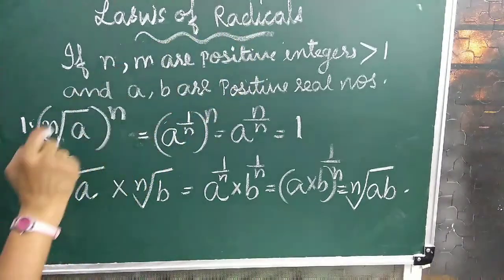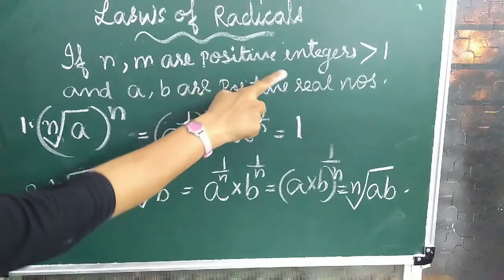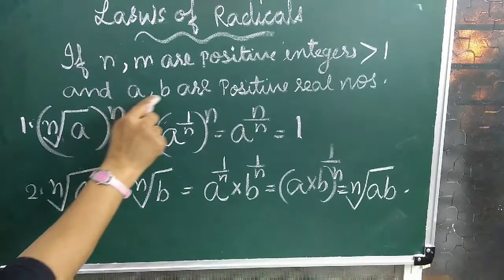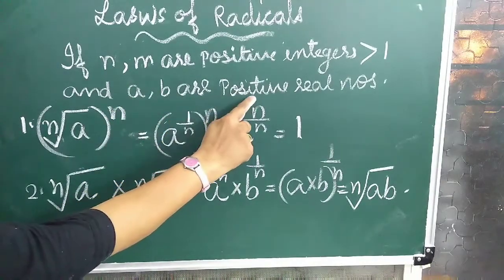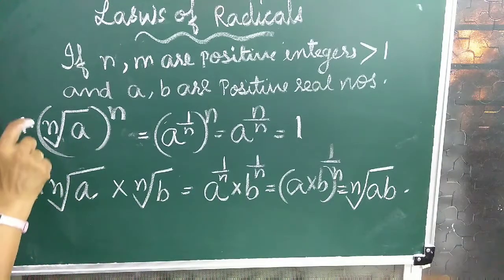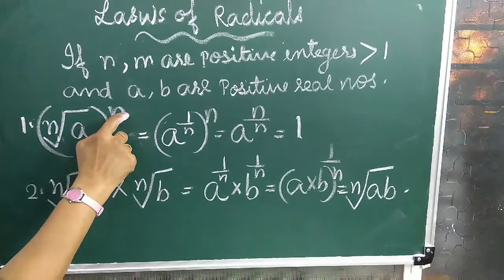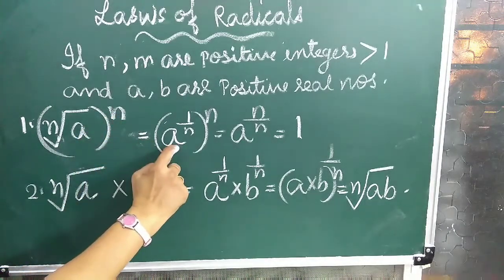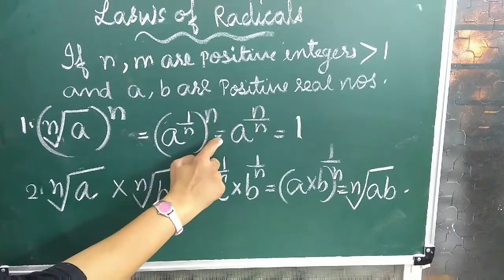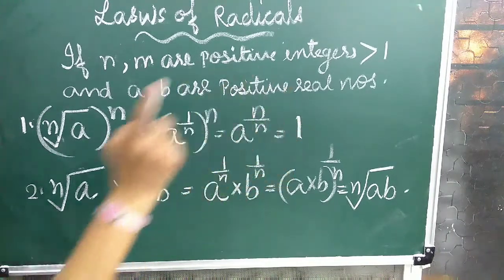Laws of radicals. If n, m are positive integers greater than 1 and a, b are positive real numbers, then the first law says nth root of a whole to the power n is equal to a to the power 1 upon n whole to the power n, that's equal to a to the power n upon n, that's equal to 1.